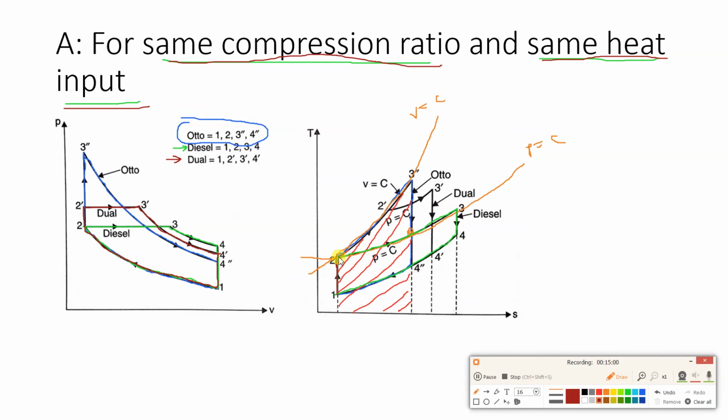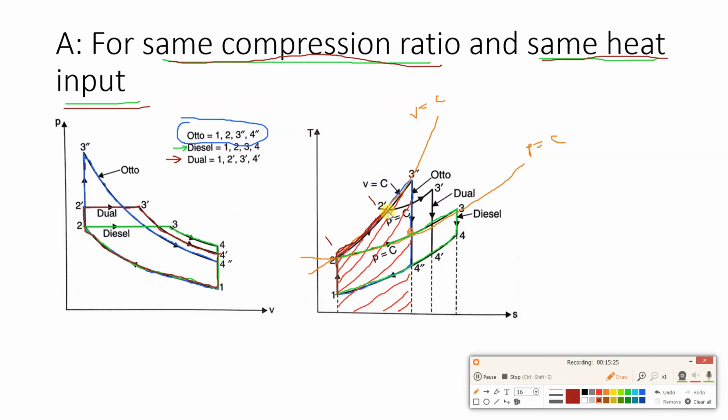Now from point 2, first we have to add heat at constant volume. So here you can see from 2 to 2 dash. This is the part where we are adding heat. This much part, this is the curve. So this much part 2 to 2 dash we are adding heat at constant volume.